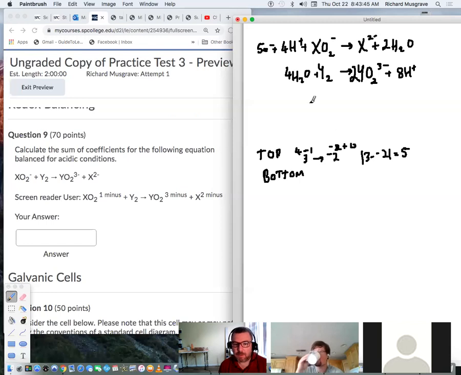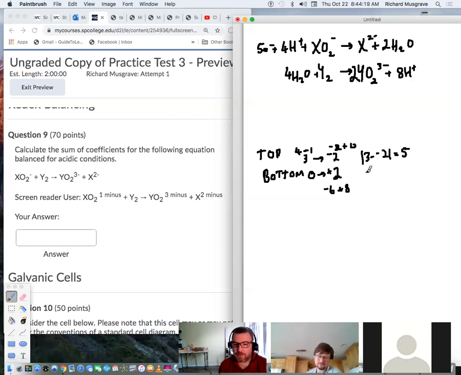On the bottom one, the charge is 0 on the left, and it is, let's see, so it's negative 6 plus 8, which is positive 2. Now the negative 6 comes from 2 times negative 3, and then you've got the 8 here, negative 6 plus 8, the 8H plus.